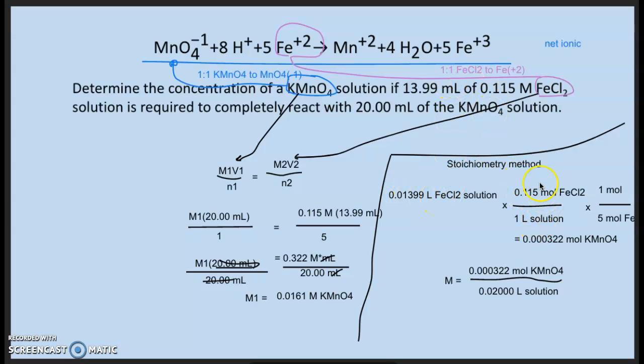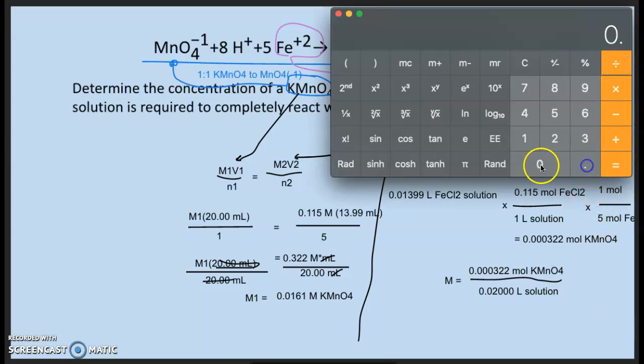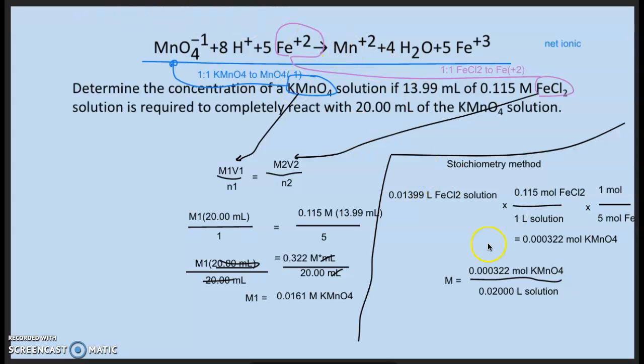You use the molarity to turn the liters into moles, and then you use the mole to mole ratio to figure out the number of moles of potassium permanganate, and then take the number of moles of potassium permanganate, divide it by the volume, and if you do that, divided by 0.02, you get to 3 significant figures, 0.0161, the exact same concentration that you got through a much simpler process using the titration equation.